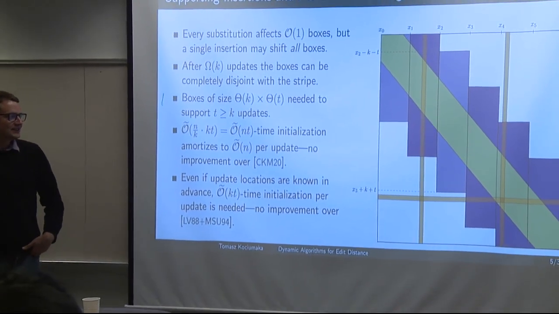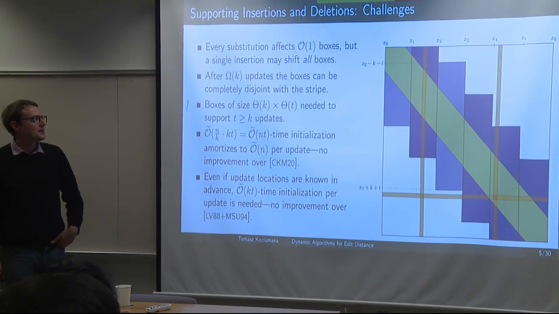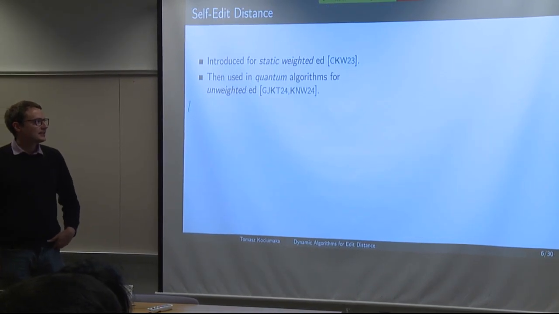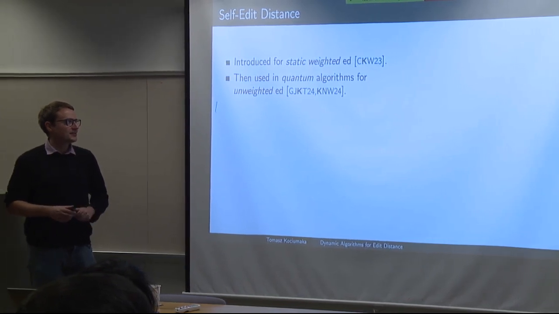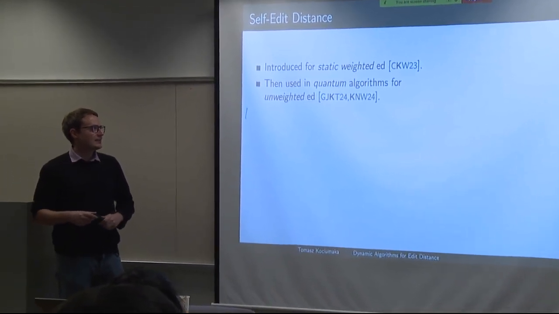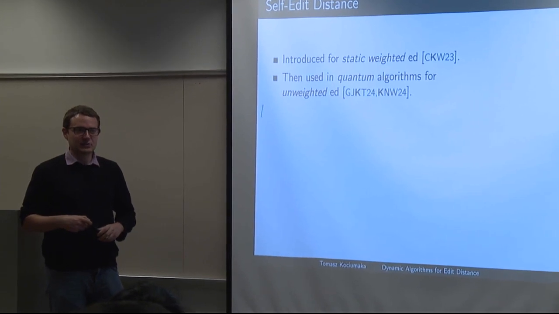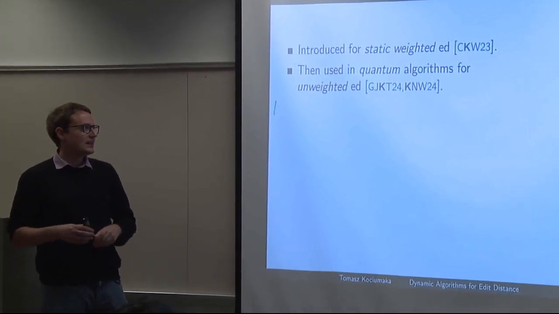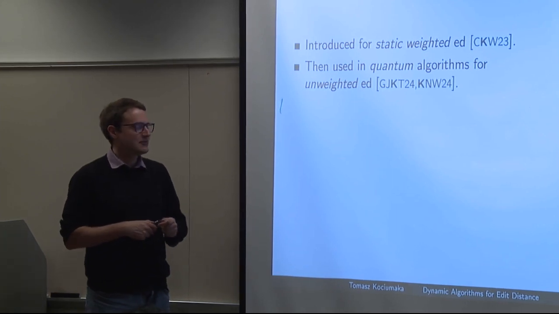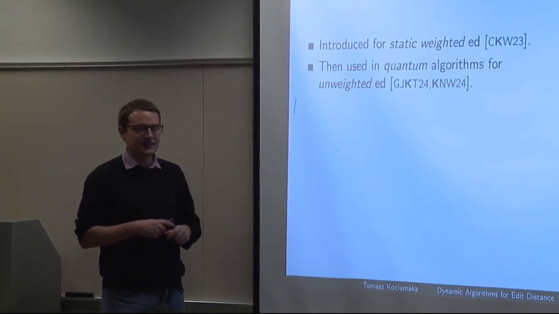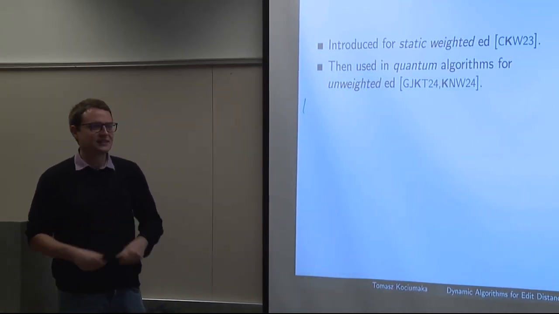And the tool that managed to provide some progress came quite surprisingly from algorithms computing edit distance in the weighted setting and in the quantum setting. So I had a weighted paper with Alejandro Cassis and Philip Wellnitz, and a quantum paper with Dan Gibney, Sharma Thankachan, and others.